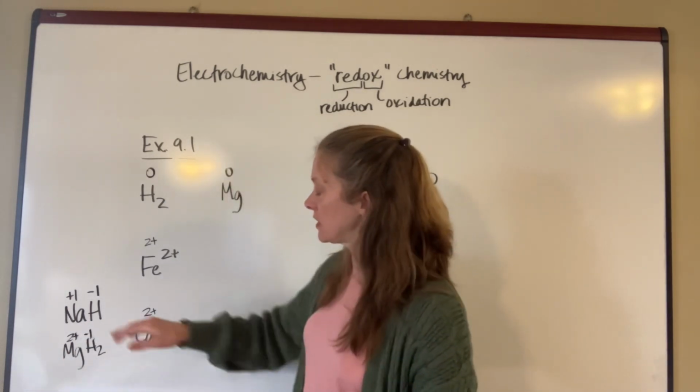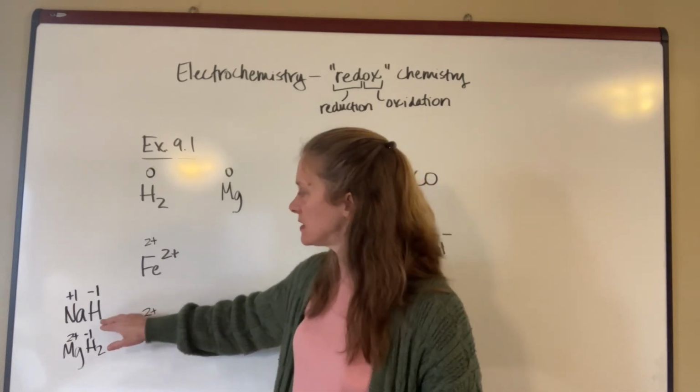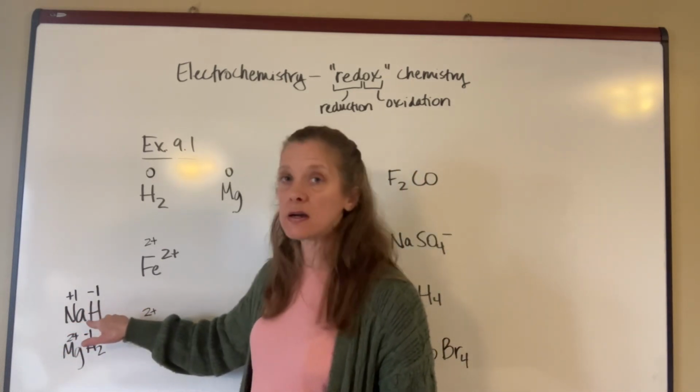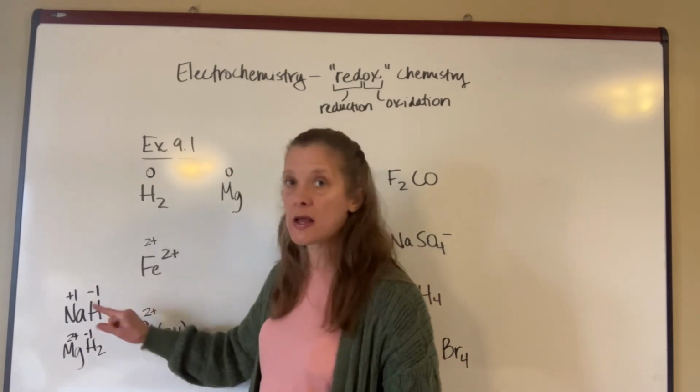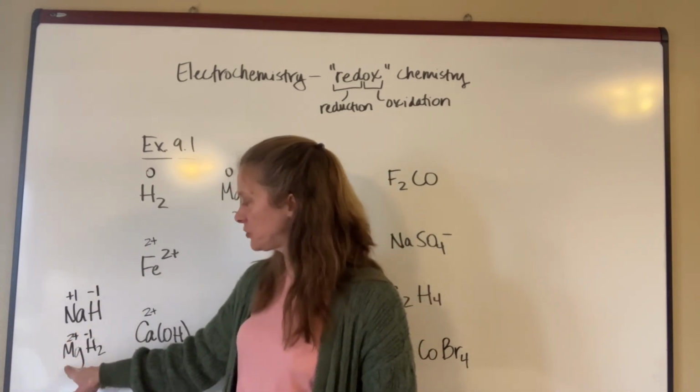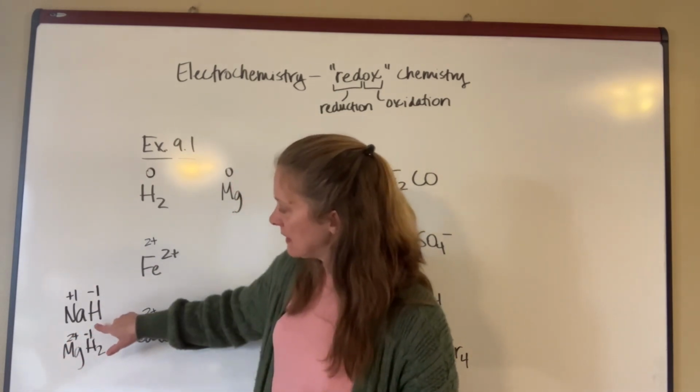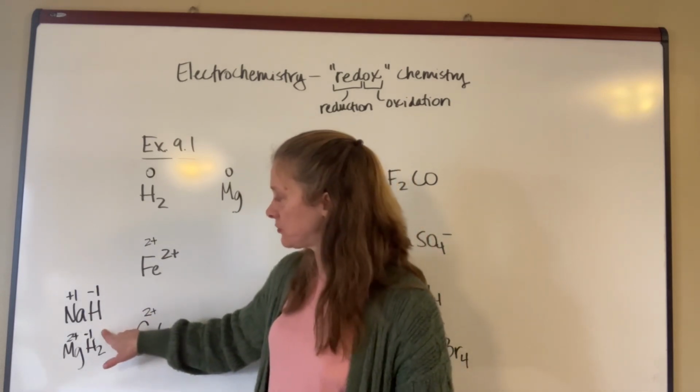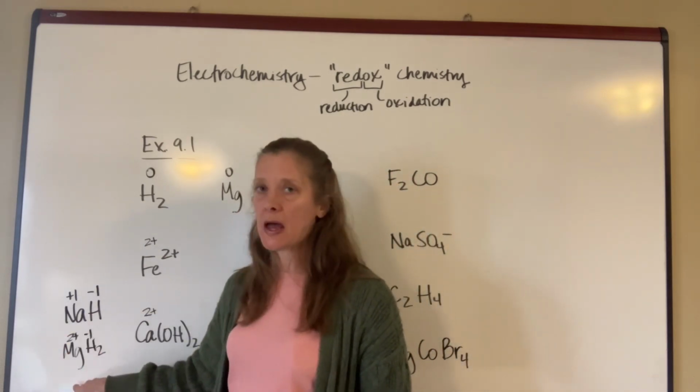You'll notice that what is also true about this is that the numbers here are going to add up to 0. Positive 1, negative 1 add up to 0. I have a positive 2 here, but I have 2 negative 1s, which is a negative 2, and positive 2 and negative 2 add up to 0.